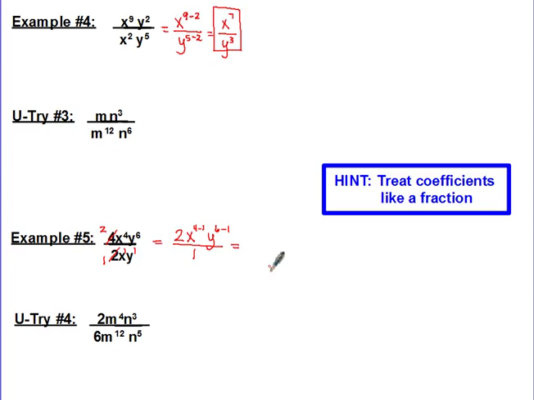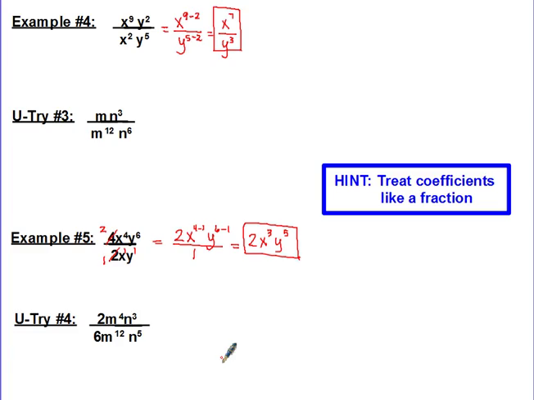So simplify, 2x, find the difference, that's 3. Find the difference on the y's, that's 5. Remember, a division of 1 will not change the value. So example number 5 should finish as 2x to the 3rd, y to the 5th.